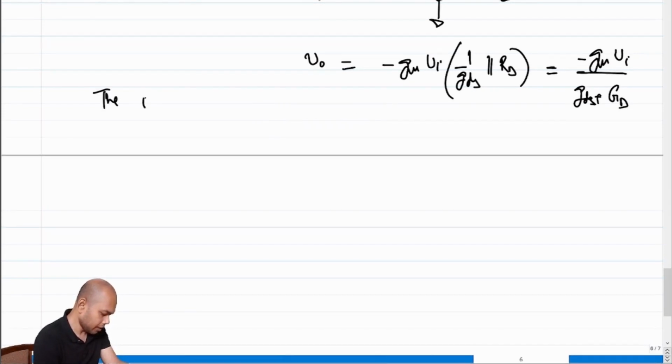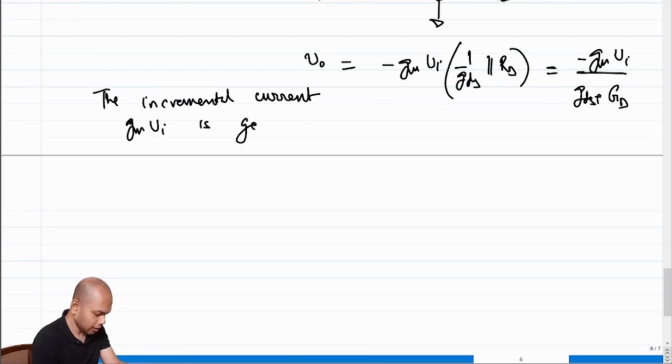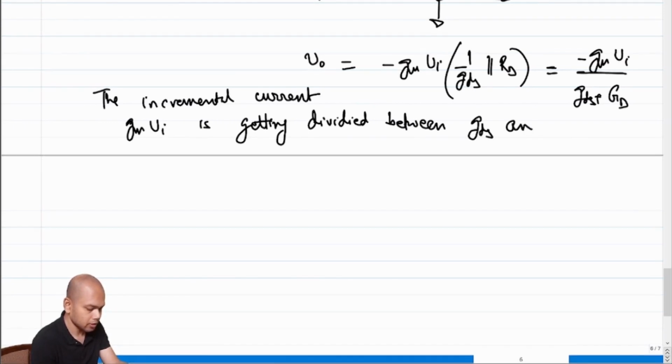The incremental current Gm times Vi is getting divided between GDS and G. This is leading to a drop in the gain, right?